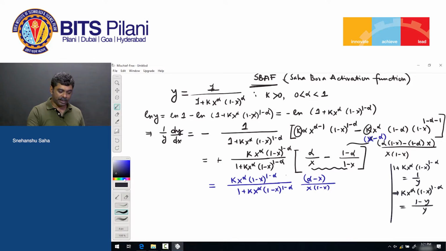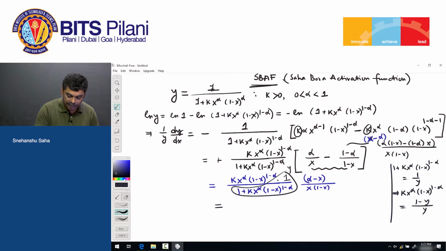Okay, all right. Now think about this. This can be thought of as 1 over 1 plus and so on, which is exactly y, correct? And this other part is nothing but 1 minus y over y.